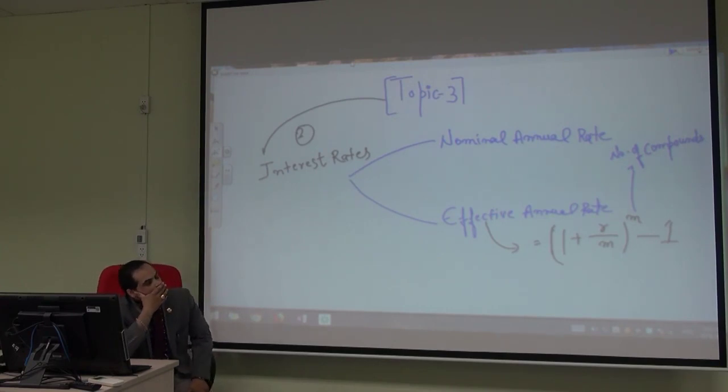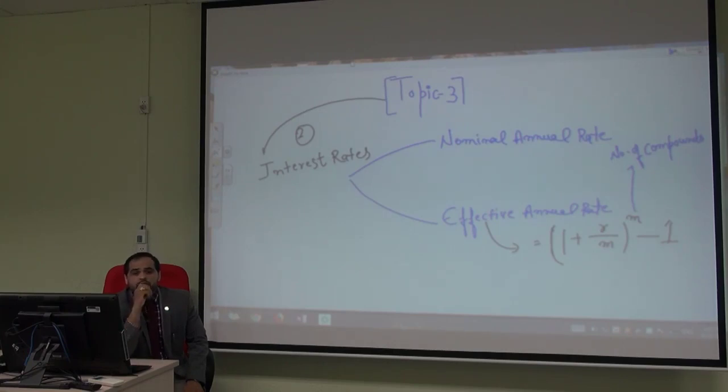Number of compounds, what does it mean? For example, if we are making an investment or cash flows are semi-annual, then the number of compounds will be 2.